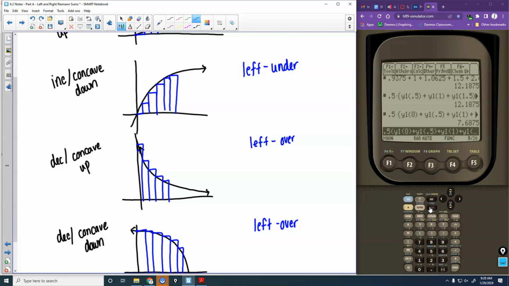It would be a lot like some of our graphs we have up here. We can't really tell whether it's over or under. This is a great example right here. It's over in some places, it's under in some places, so it's hard to tell which one it's going to be for that. Okay, questions?